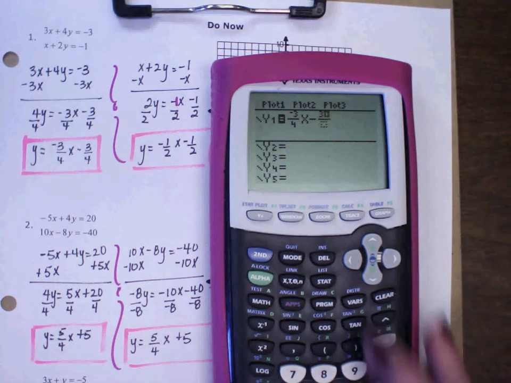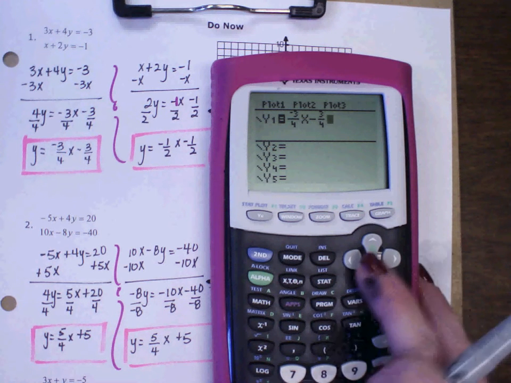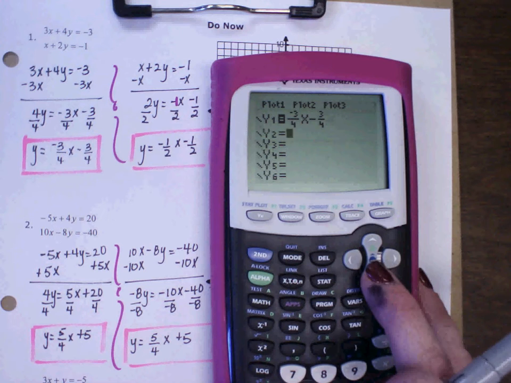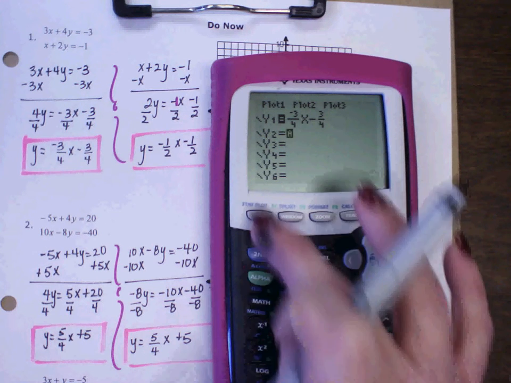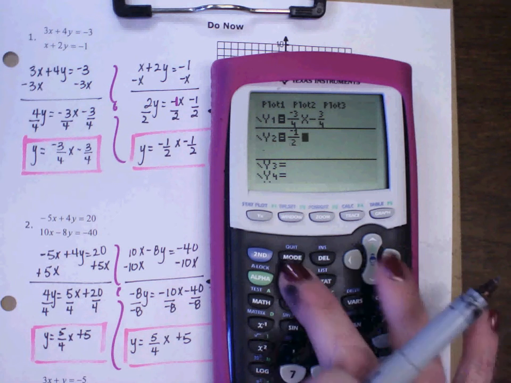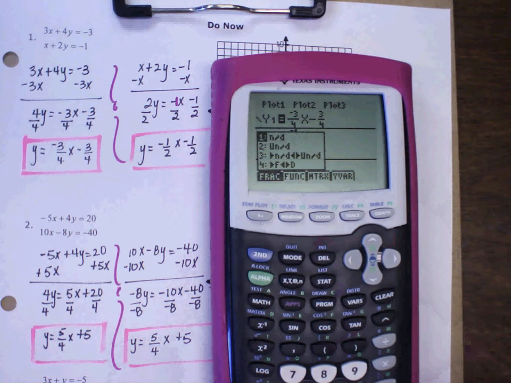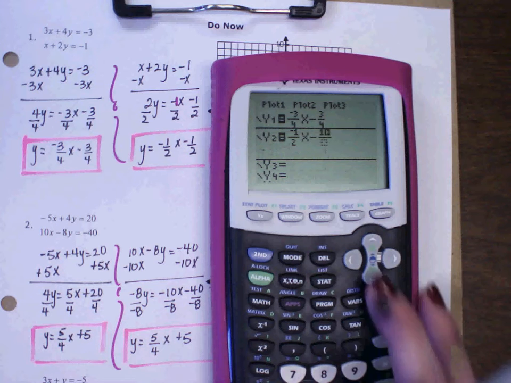Do we have this? All right, let's go to the next one. Alpha y equal to, negative 1/2 x, minus 1/2. Okay?